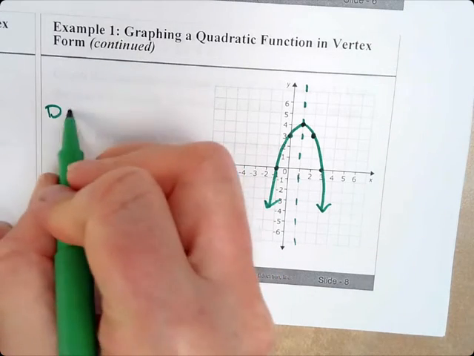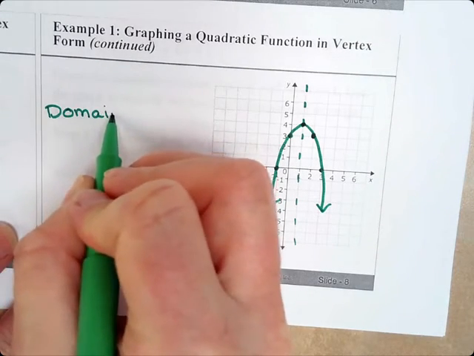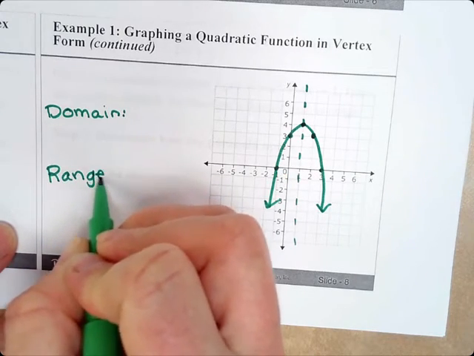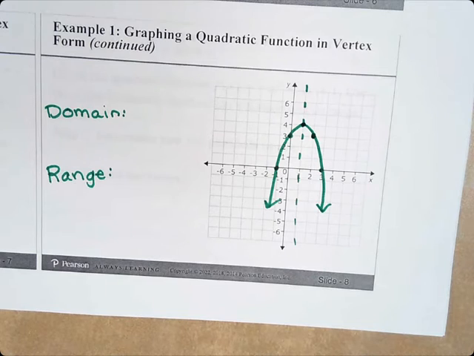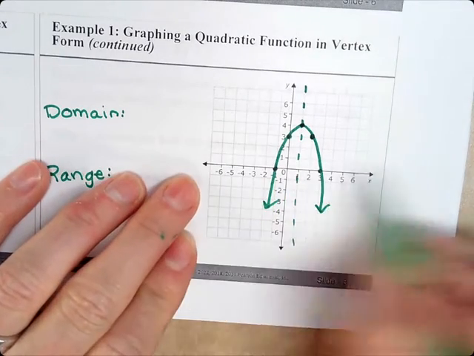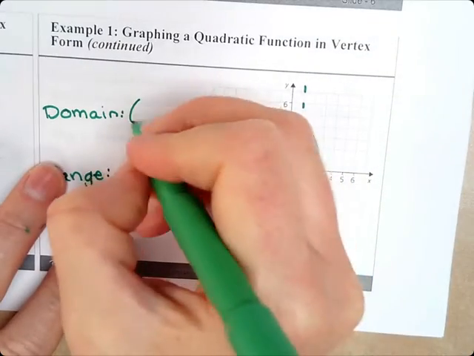And let's also talk about domain and range. So domain is how far left, how far right. So if we look, it's going to go negative infinity to positive infinity.